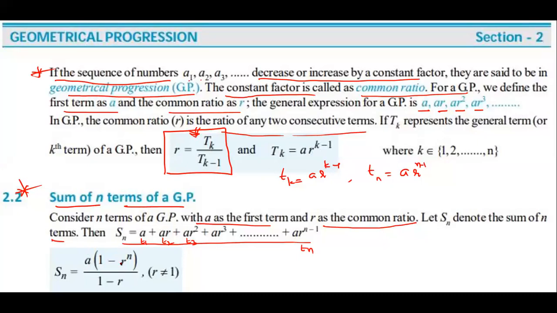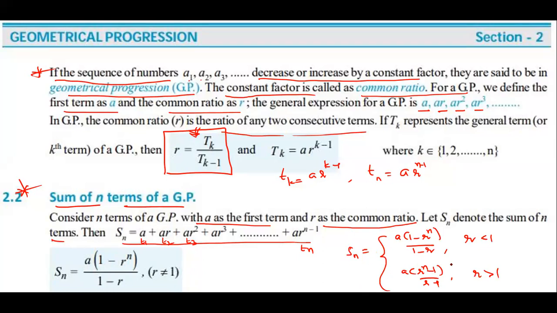a into 1 minus r power n. Okay? Dear students, I'm giving one more formula. You should write two formulas, not one: a into 1 minus r power n by 1 minus r, and a into r power n minus 1 by r minus 1. When we use the first one, r is less than 1; here in the second, r is greater than 1. These two formulas are very, very important.